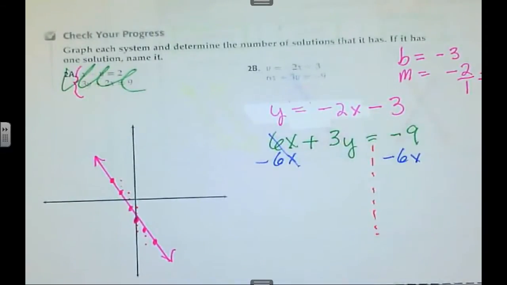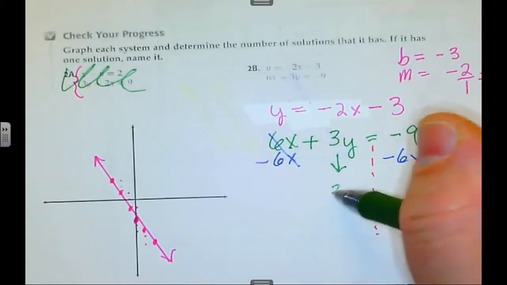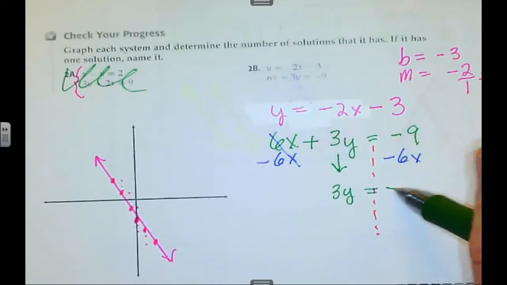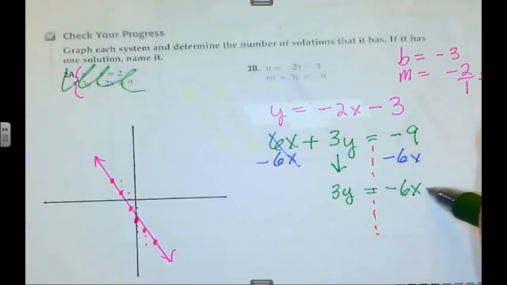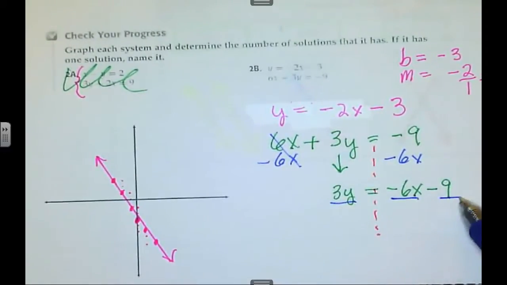These add up to 0. Going to bring my 3y down. That equals, I'm going to put my x term first, negative 6x minus 9. Not done yet. Divide every term by the coefficient 3.